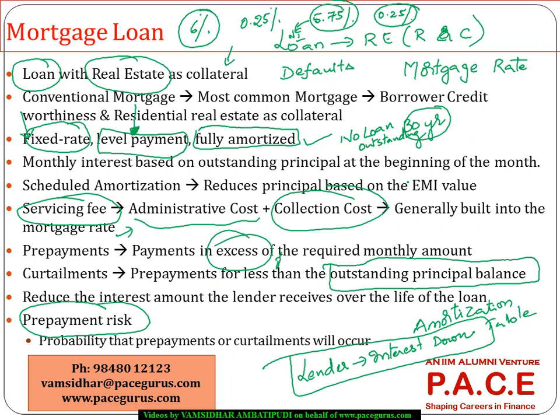Now we should start looking at how a mortgage backed security is created using these mortgage loans. So the next point is focusing on creation of a mortgage backed security using these mortgage loans.